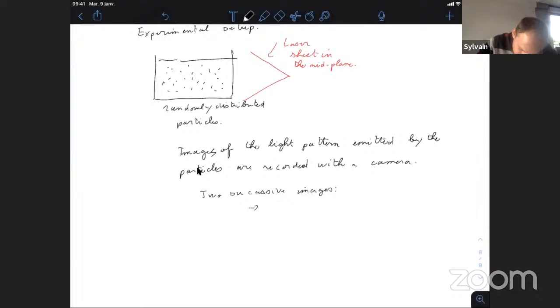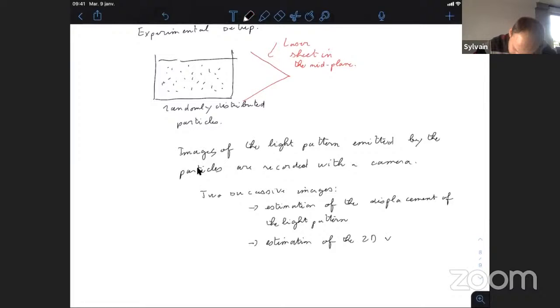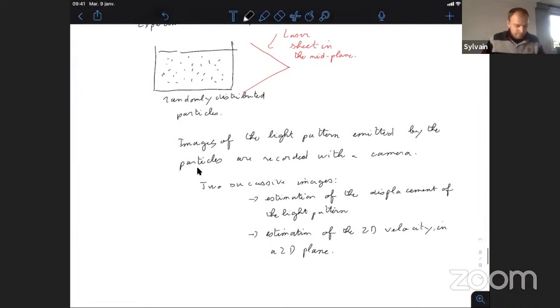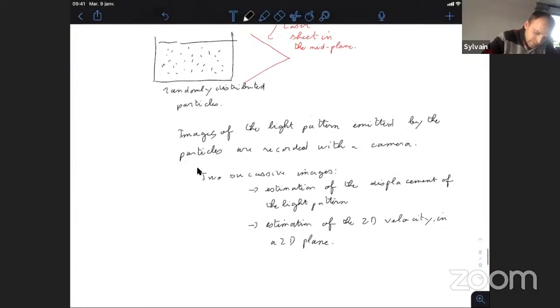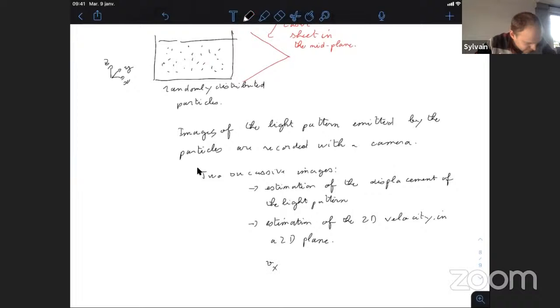So basically, if I have this vertical, horizontal, transverse direction, you can measure the x, z velocity in the midplane, and the same for the vertical velocity.